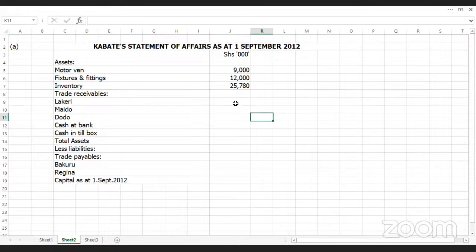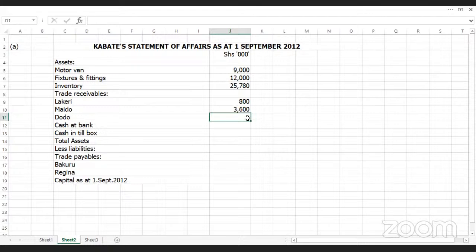So how much is Lakeri's balance? Lakeri, 800. Then Maido, 3,600.